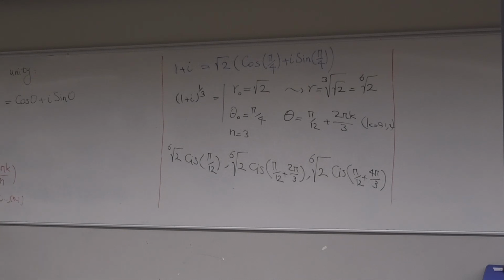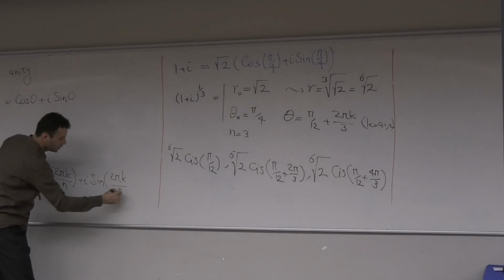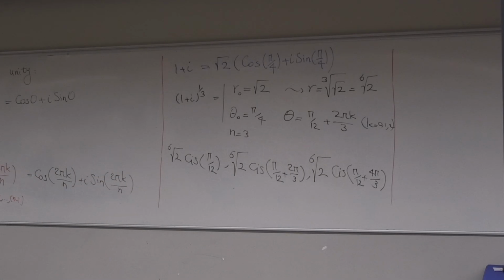And what is this? This is going to be cosine of 2 pi k divided by n plus I times sine of 2 pi k divided by n. Okay?